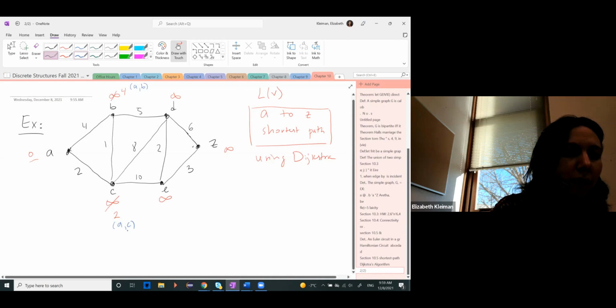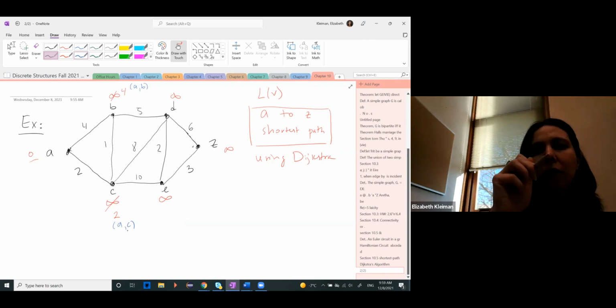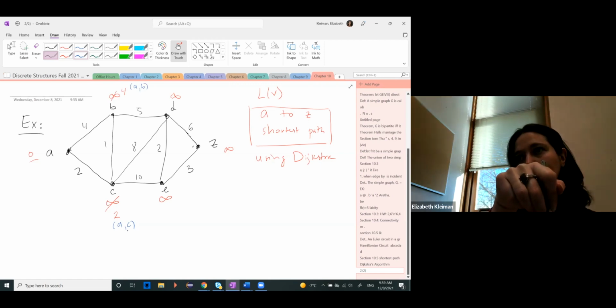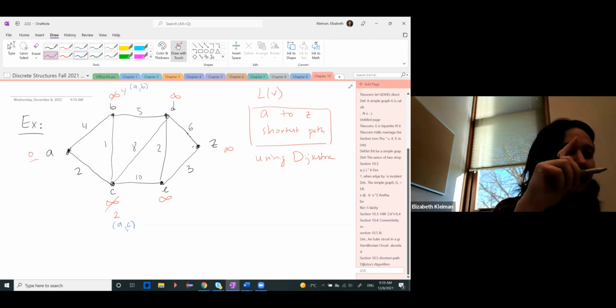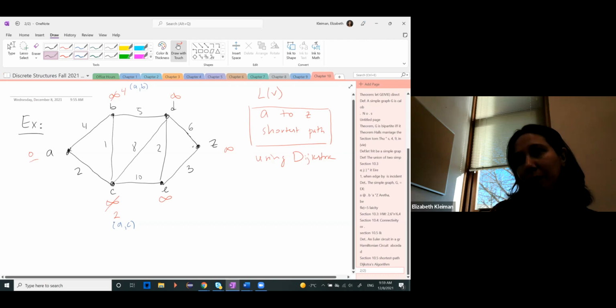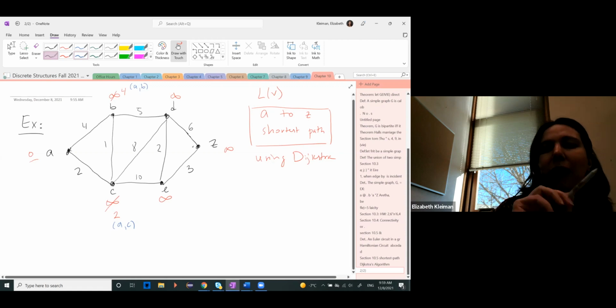So pretty much, next, for nodes B and C, I will take the minimum one, which is going to be the 2, and I'm going to do the same thing from there. Now, one thing to remember, I do have an edge from C to A, so I can make the weight of A be 2.